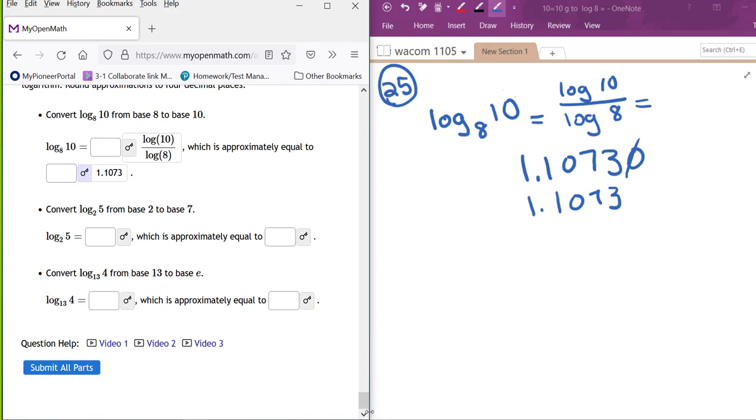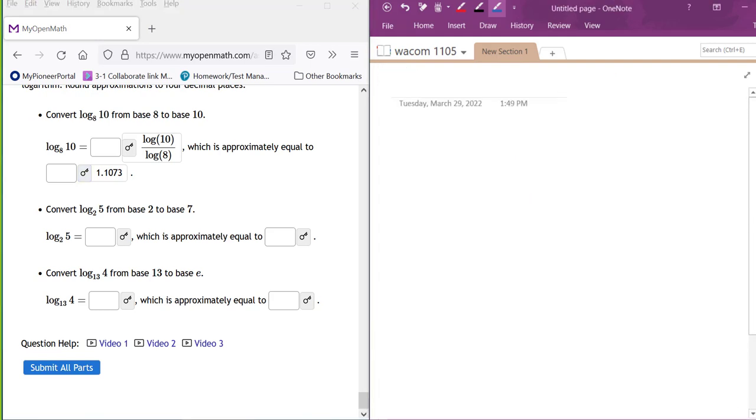The next one is going to take us more steps. Right, so we're going to convert log base 2 of 5 from base 2 to base 7. All right, so start with what you have, right?